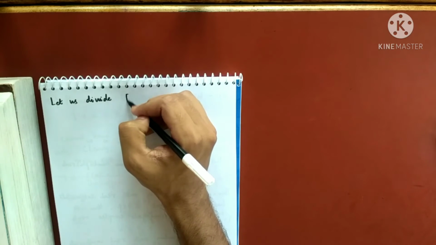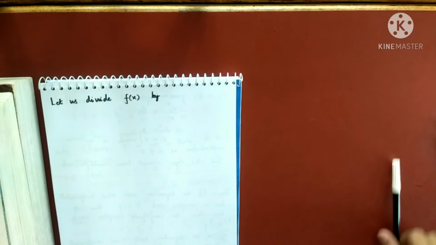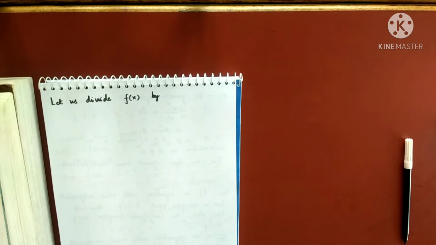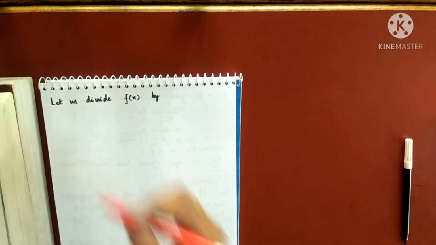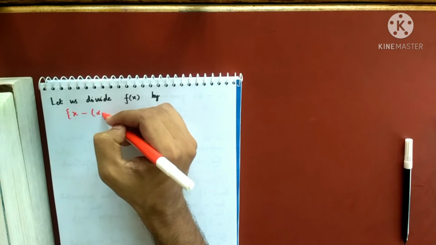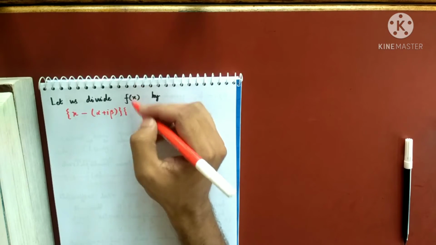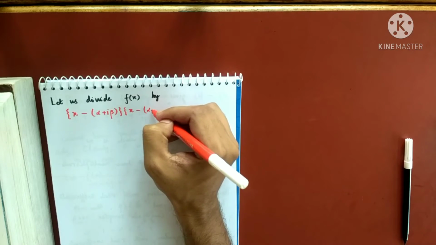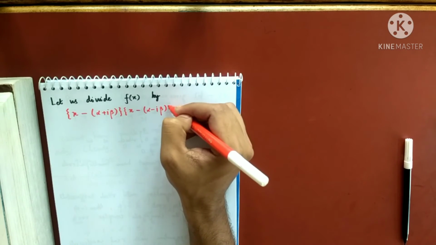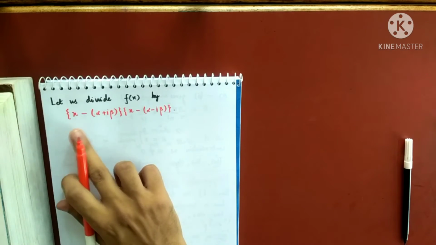So let us divide f(x) by this quantity: (x minus alpha plus i beta) times (x minus alpha minus i beta). So I am dividing f(x) by this polynomial.